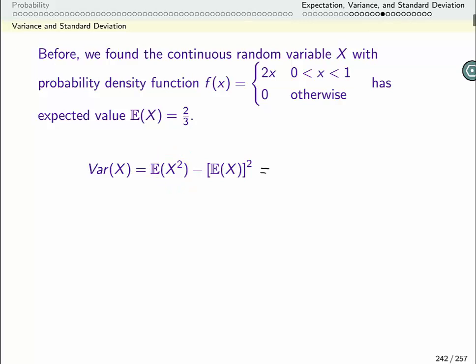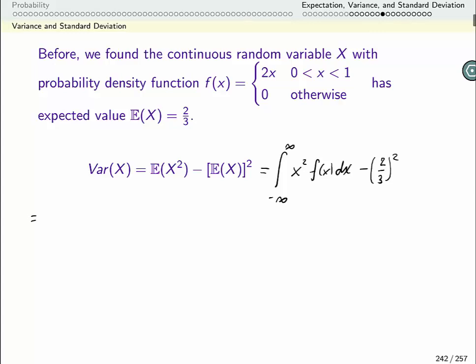But we can start just with the definition of expectation for that first term. So the definition of expectation is the integral from -infinity to infinity of my value, which in this case is x squared, times my probability density function, f of x. The expectation of x is 2/3, and I just square that for my second value.